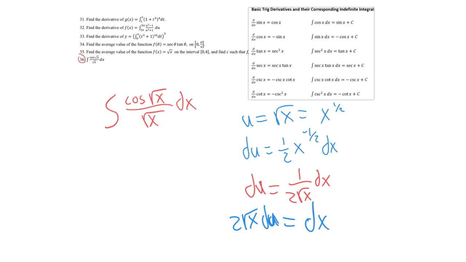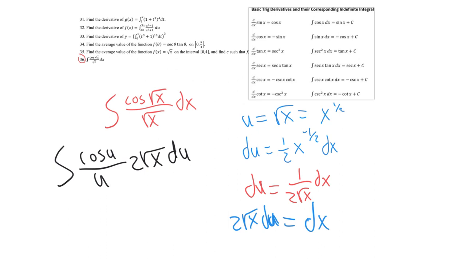Well, if we were to rewrite it with u inside, everything would be cosine of u all over u. And instead of dx, it would be 2 times radical x du. So typically what we're used to seeing is that you should be able to cancel this with something, right?